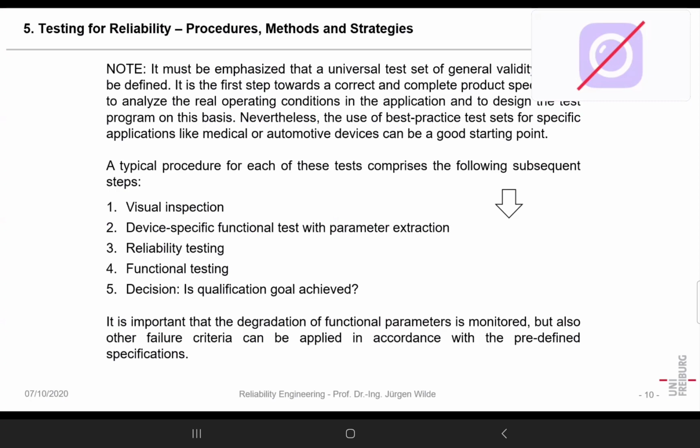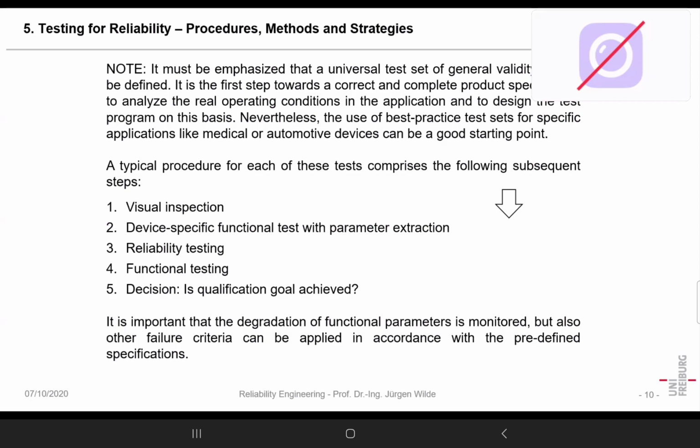Or sometimes, if you measure all combinations of pins, suddenly you have a short circuit between two pins which should not be there, or you expect a connection between two pins and you don't have that connection, so you have an open. Of course, all of these are failures: dead, open or short.